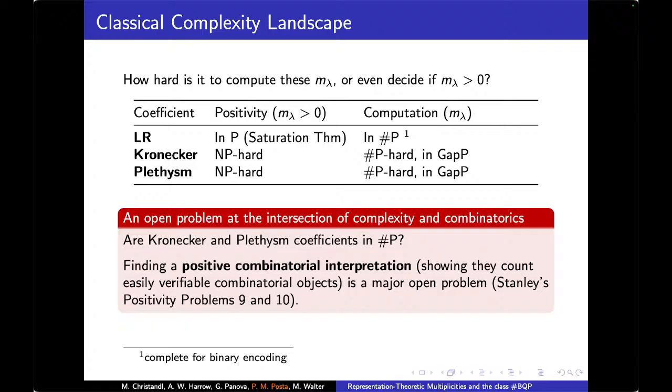And in fact, when one looks at quantum computing, it was shown that for the Kronecker, you can put the positivity problem in QMA, which is the analog of NP. Or I guess it's the analog of MA, but for quantum computing, people say that it's the analog of NP. And for the computational problem, you can place this in sharp BQP, which is the analog of sharp P.